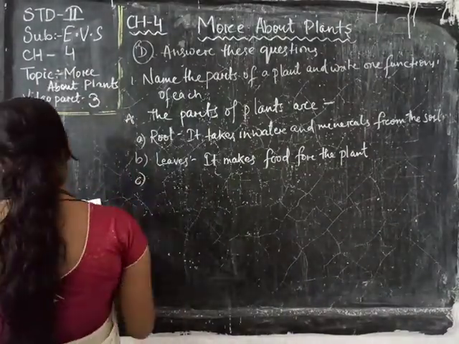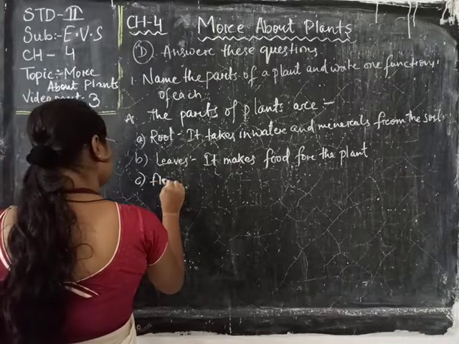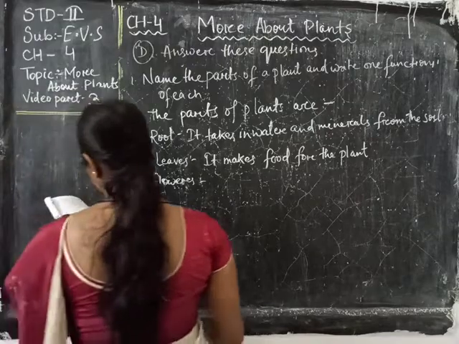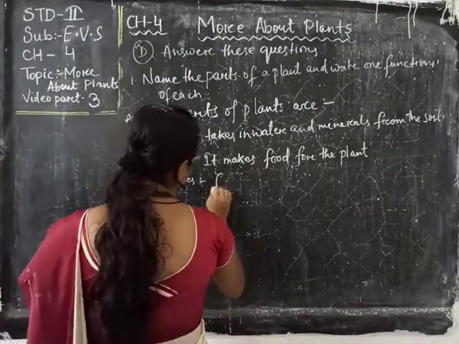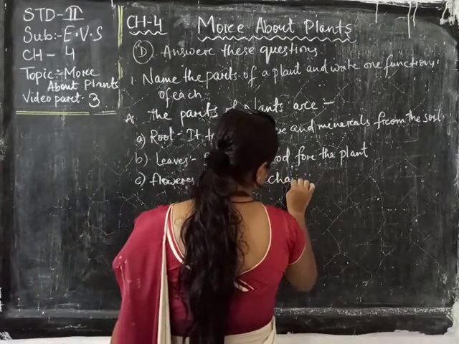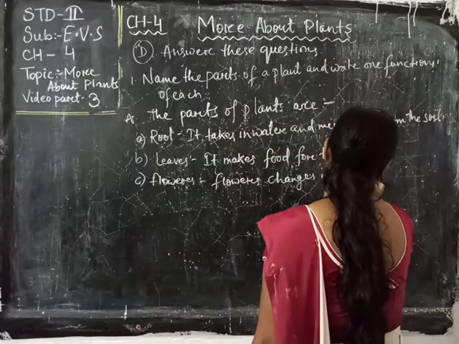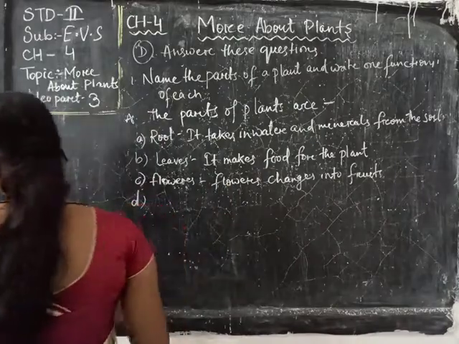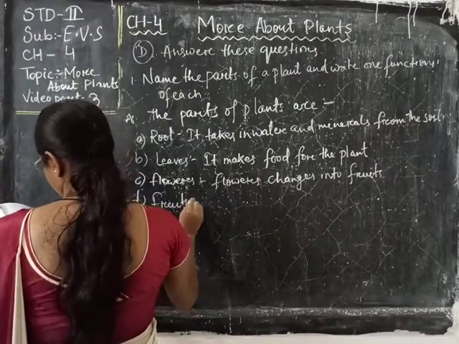Number C, your next part is your flowers. What does the flower change into? Flowers change into fruits. Number D will be your fruits.